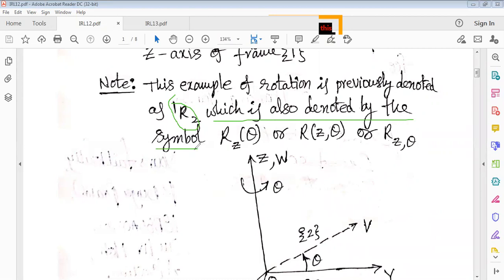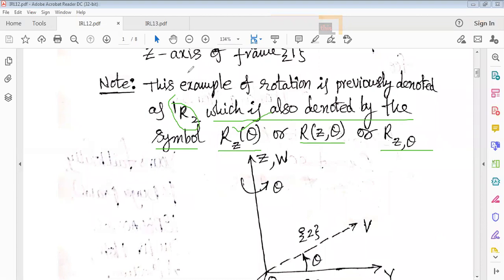For this example, the rotation matrix symbol is about the z-axis, a principal axis of frame 1, by an angle theta, by which frame 2 is rotated. This is the symbol we use in fundamental rotation matrices. Similarly, this is also a symbol of the same meaning: rotation about the z-axis by an angle theta.